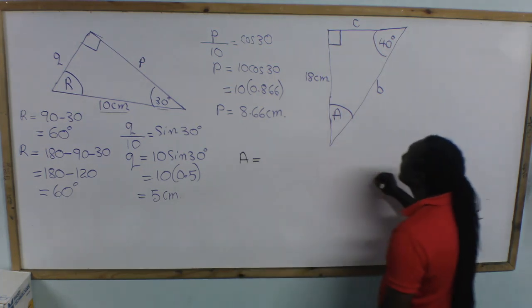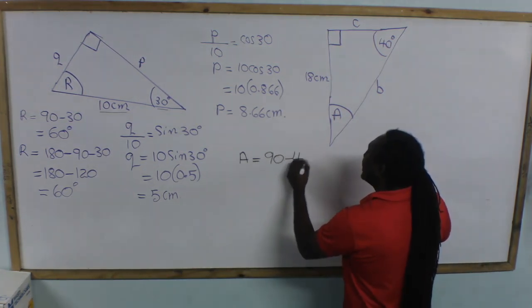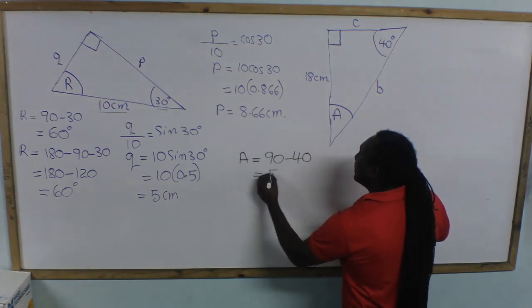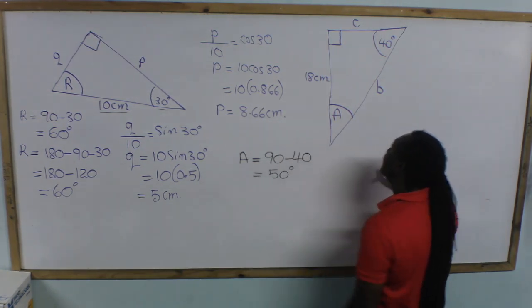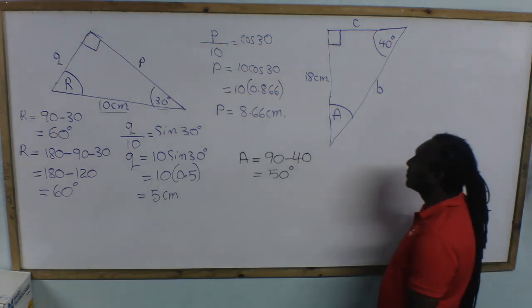So we say what? A is equal to 90 degrees minus 40, which is equal to 50 degrees. What do we find next? C. Alright, let's say we find C.